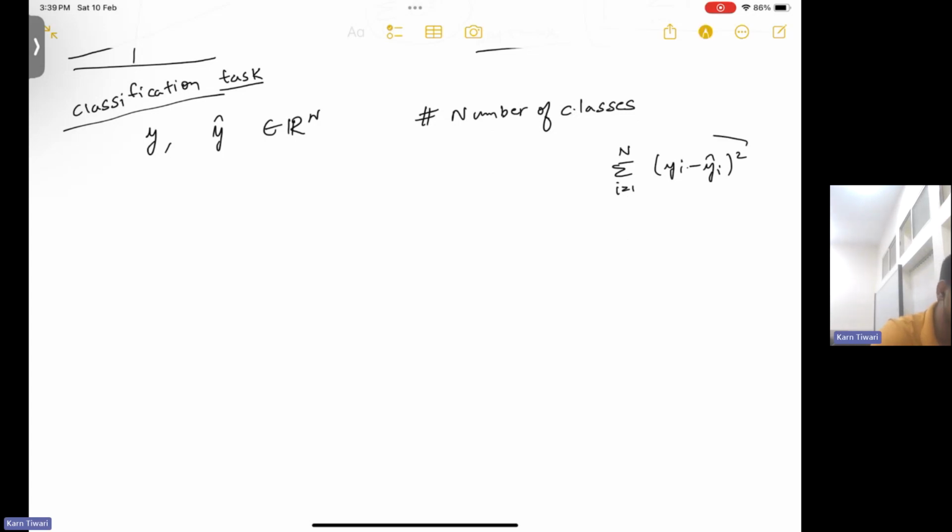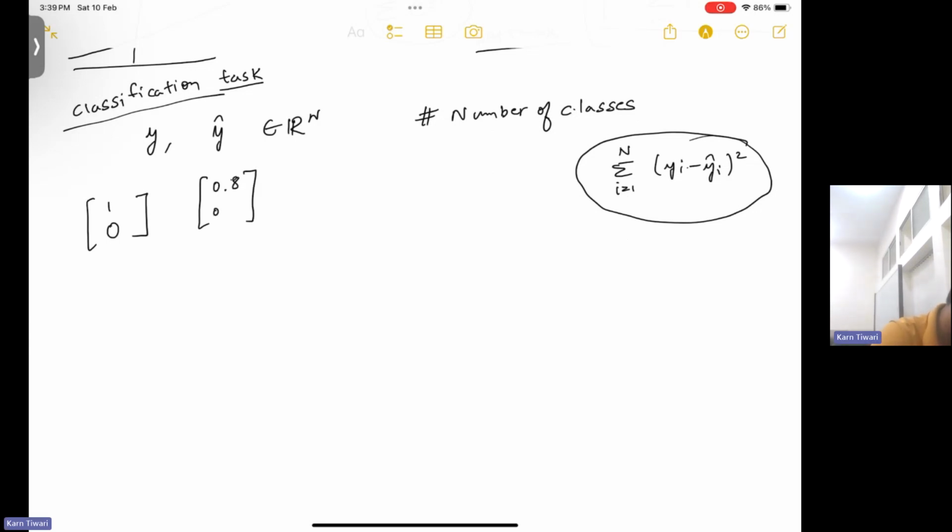But there is a catch. This RMSE loss is generally used for any regression task. For the classification task, do we really need this? Suppose my original is a cat and dog classification, two classes. I know absolutely that my vector looks like 1, 0 because it's 100% a cat, and my prediction is, say, 0.8, 0.2.